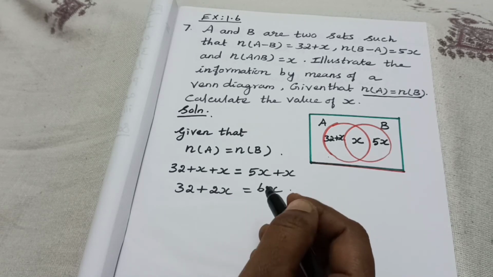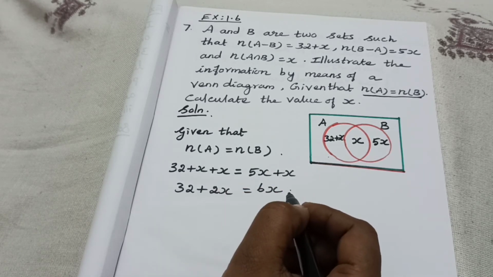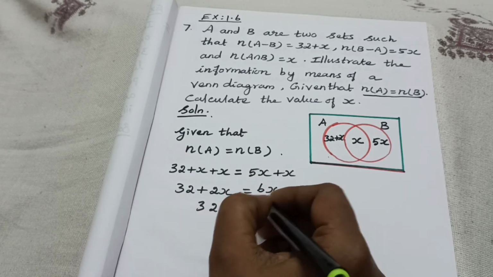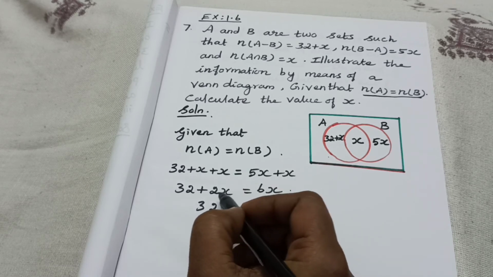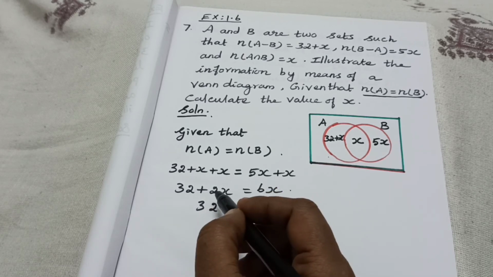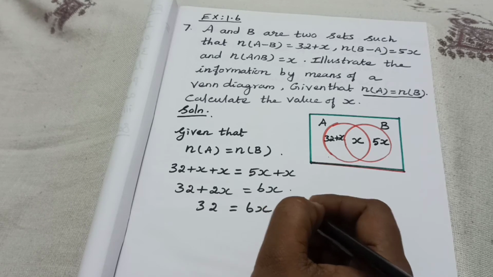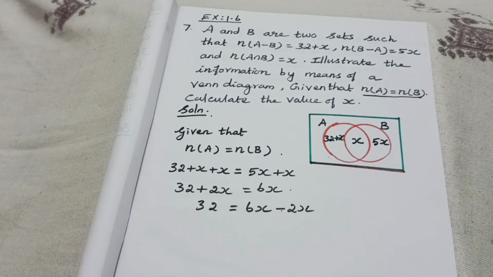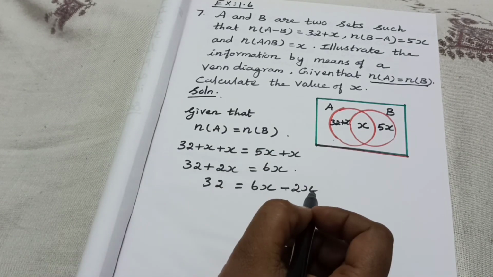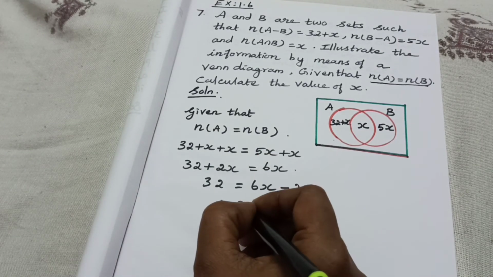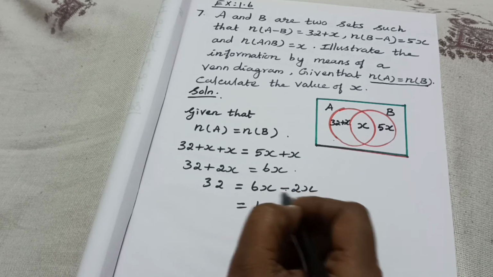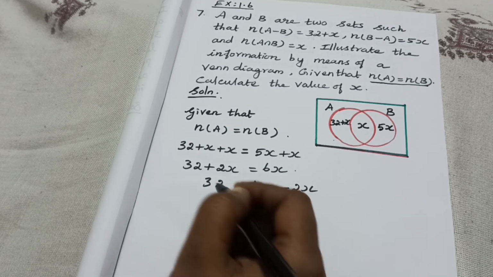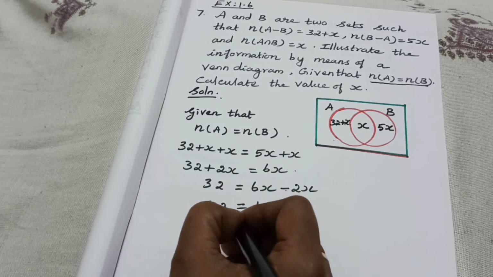Then this 2x, shall we bring to one side? 32 is equal to 6x minus 2x. The sign will change. 6x minus 2x is 4x.